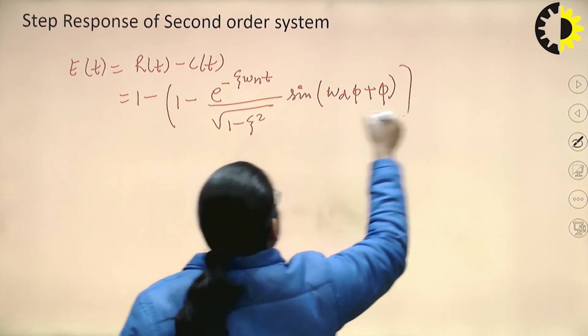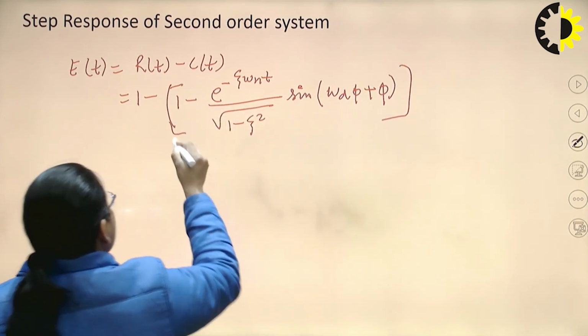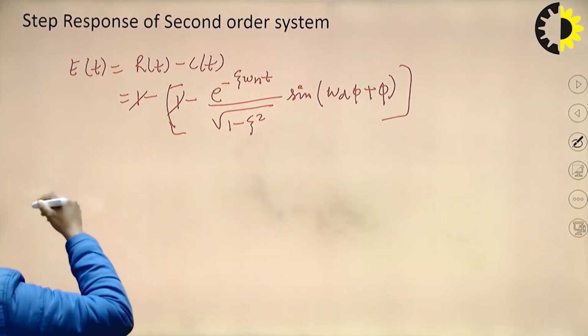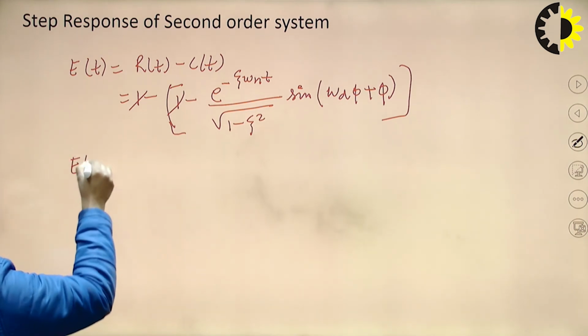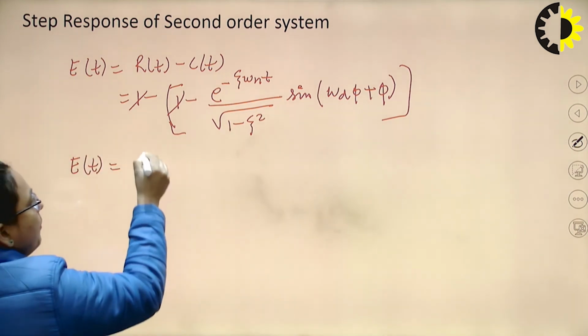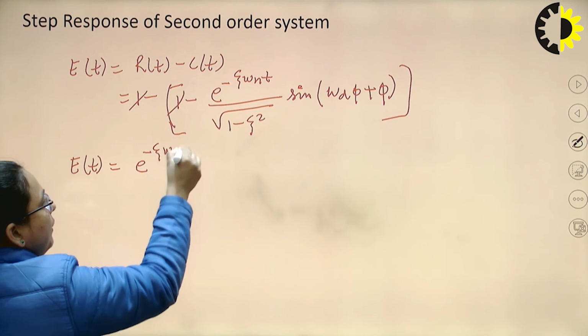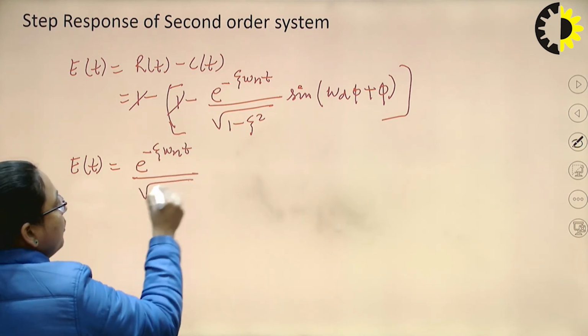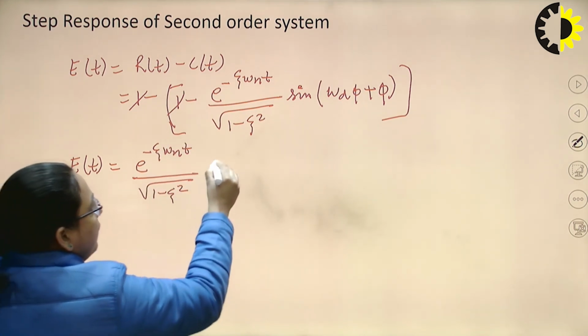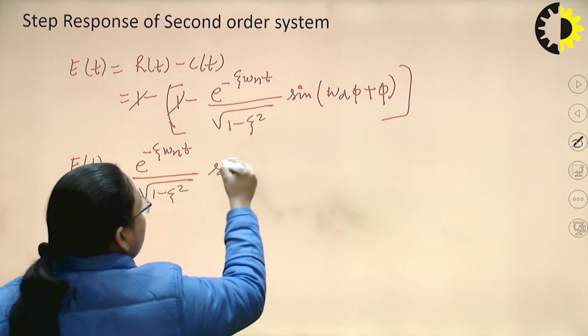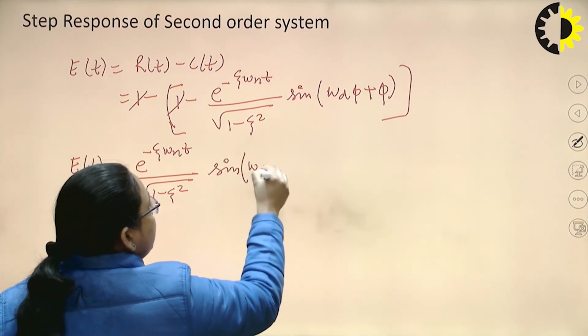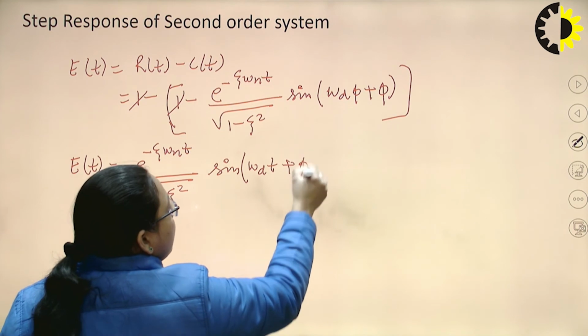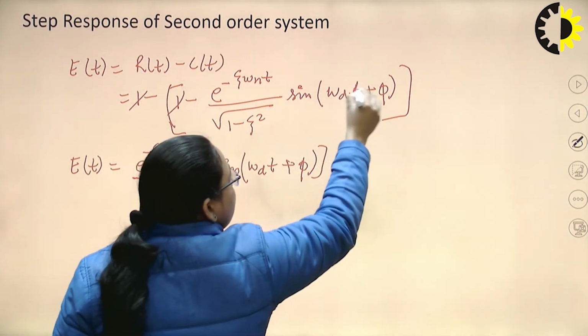So e(t) comes out to be, 1 gets cancelled, right? And e(t) will be equal to e raised to the power minus zeta omega n t upon under the root 1 minus zeta square into sine omega d t plus phi. Here this is t.